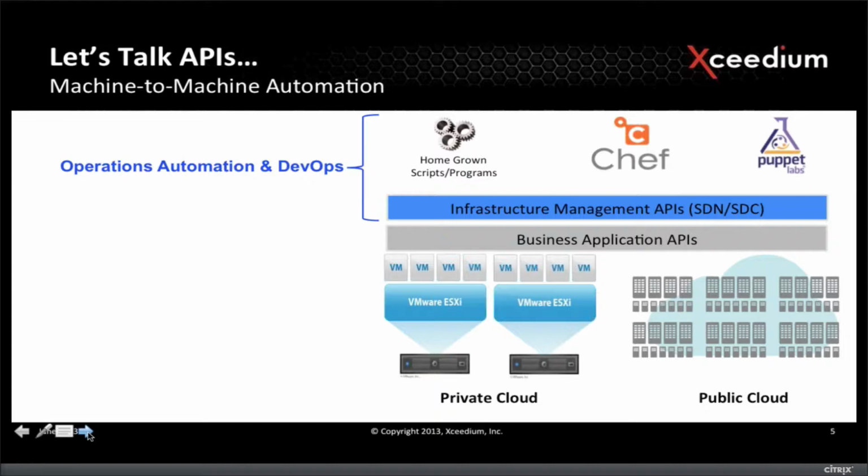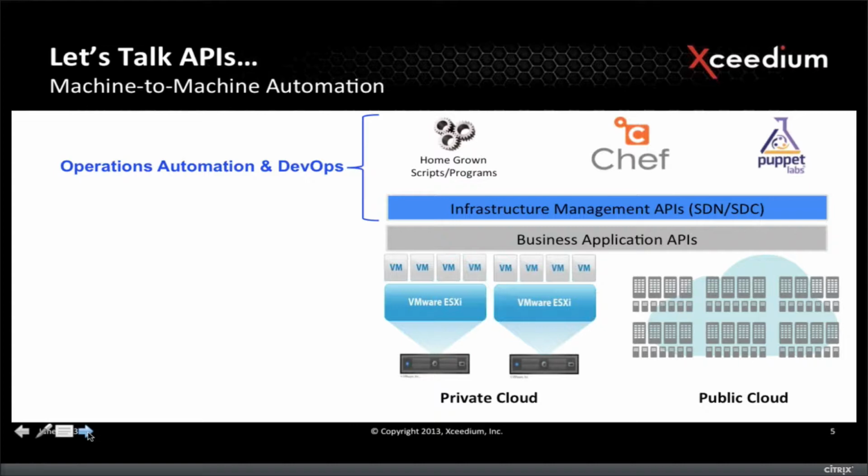But we're also seeing another thing happen, which is the collapse of development and operations. It's being called DevOps. So there's a new class of tools, things like Chef and Puppet, that have cropped up that use those same APIs to configure the infrastructure that your homegrown programs will. So there's homegrown stuff, and there's new tools on the market out just for that. That really provides some additional risk surface area, if you will, that you need to protect.